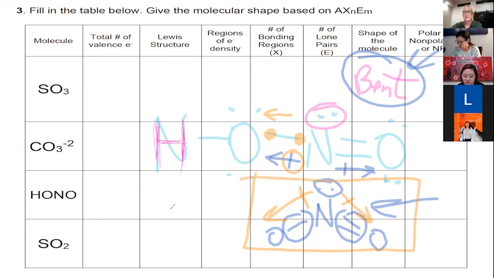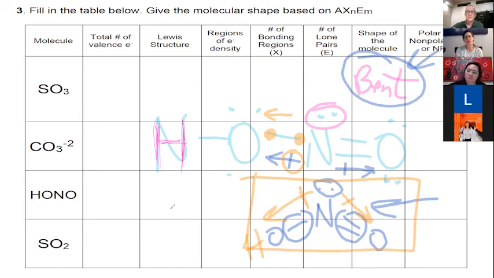So is this going to be polar or non-polar? Where's the hydrogen supposed to be? Oh, the hydrogen will be over here. Hydrogen's not really important for this. We don't even consider the hydrogen because it's not connected to the central atom.